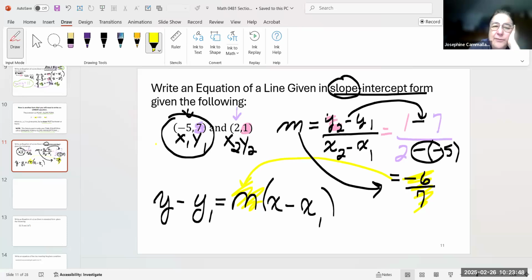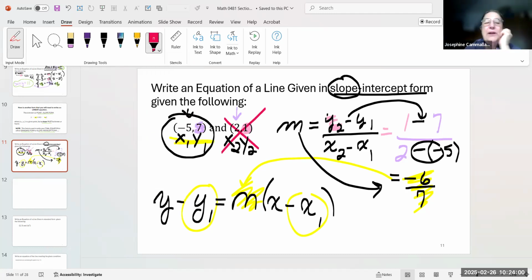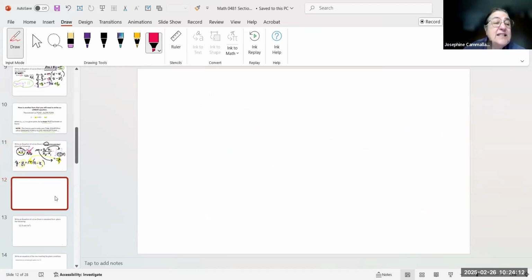That's going to sit there. This is this point. I don't want to look at this point again. So going to the other slide, my blank one, let's fill this in.